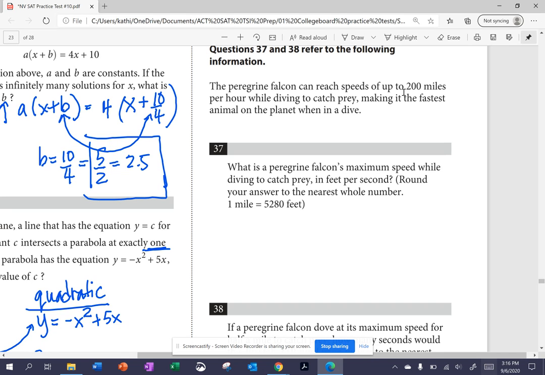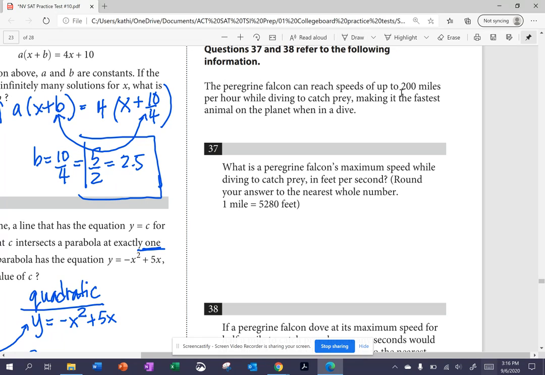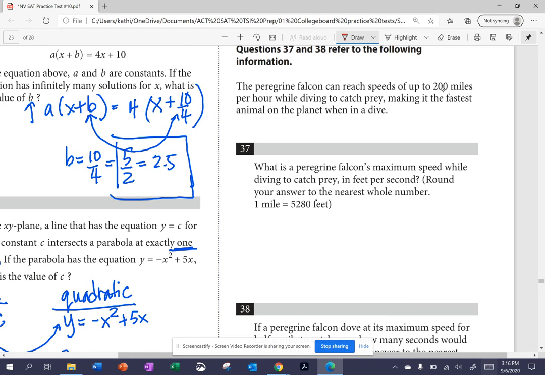So right now the speed is in miles per hour. So 200 miles per hour. So converting, I know 1 mile is 5,280 feet. So my miles are canceled.